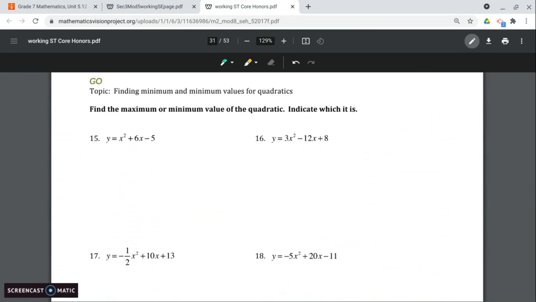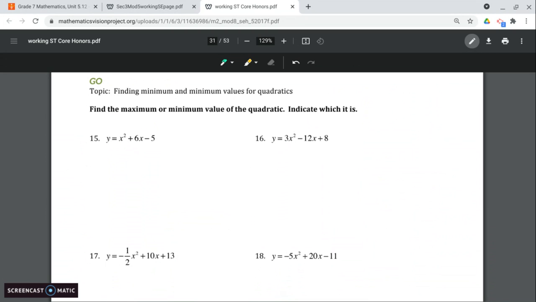All right, the last part, finding the maximum and minimum values for quadratics. So find the maximum or minimum value of the quadratic, indicate which it is. So we have x squared plus 6x minus 5. We want to find out what the vertex is. So that's what we need to know, what the vertex of this function is.